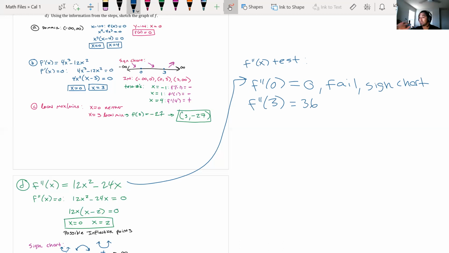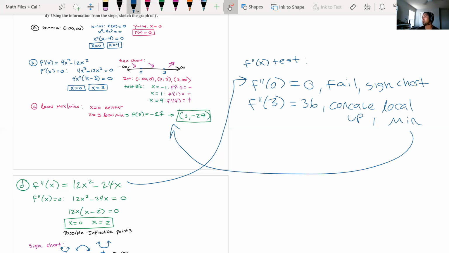By the second derivative test, if the second derivative is positive at our critical number of 3, the graph will be concave up, which means it will have a local minimum, which you would then plug into the original function to get 3, negative 27. But I think it's just an extra step, so it's up to you whether you want to use it or not. Any questions on that?